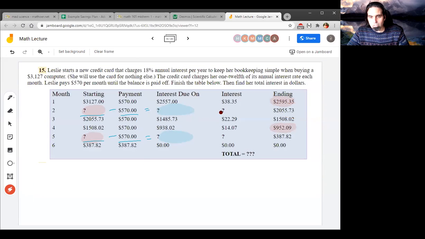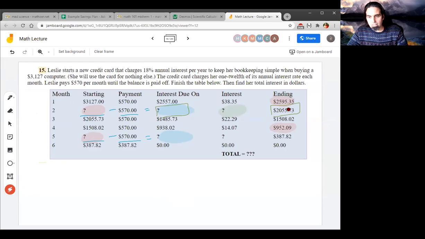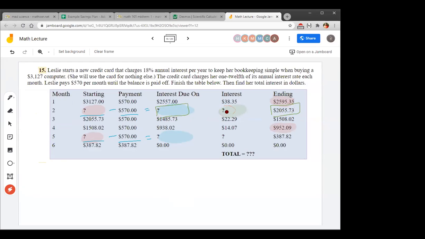So how can I find this interest amount more easily? Would you subtract whatever the starting and payment is? So whatever the interest is, you would subtract the ending from the interest due on. Yeah, I could say this number minus that number is the interest.